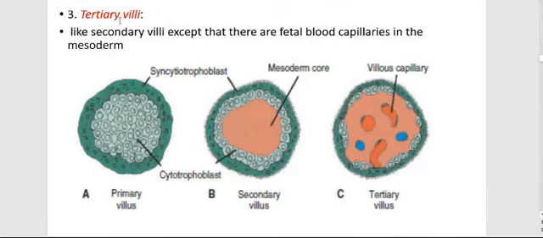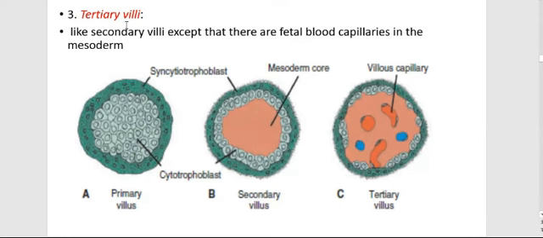When it becomes a tertiary villus, it will have all three layers of cells, but blood vessels will develop inside the extraembryonic mesoderm. Then it will be called a tertiary villus.